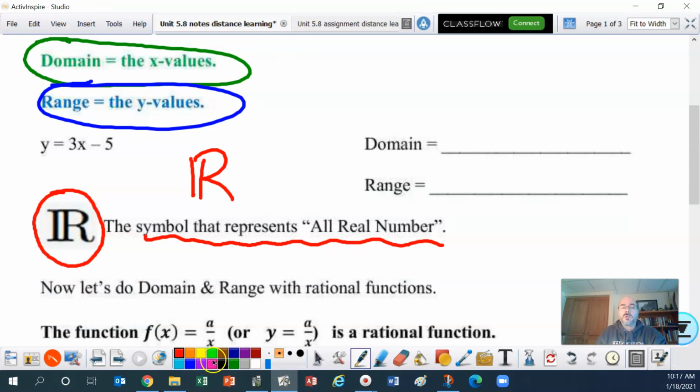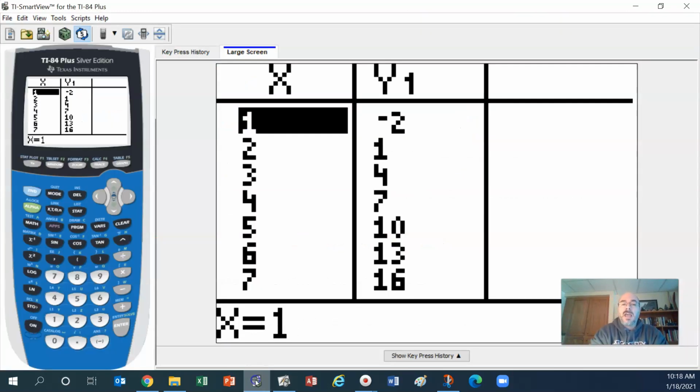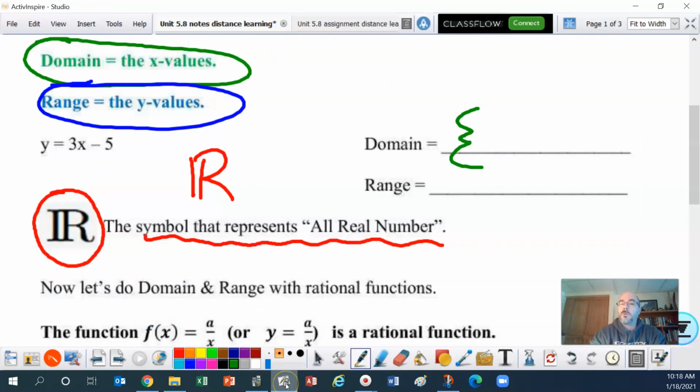Now remember, I'm not only teaching you how to do math, but I'm also teaching you how to read math and write math. So we have to be able to write things appropriately here. We're going to write the domain for this. We use a bracket like that, and since all of the x values are working, we're just going to put the symbol for all real numbers.